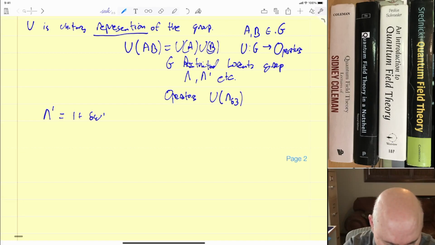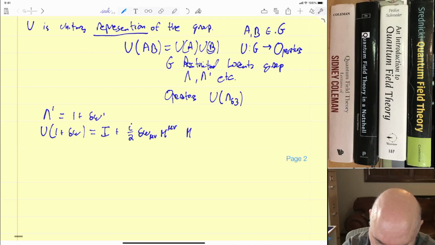And then we have, in general, our relationship that U of 1 plus del omega for any general parameters is equal to, I'll put the identity element here, or the Kronecker delta, but this is just a definition. And so M mu nu are what are known as our operators, and they're called the generators of the Lorentz group.